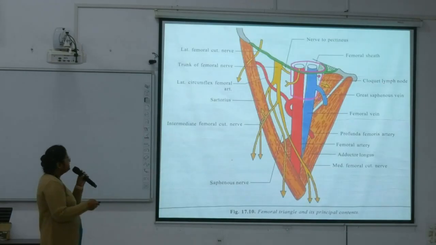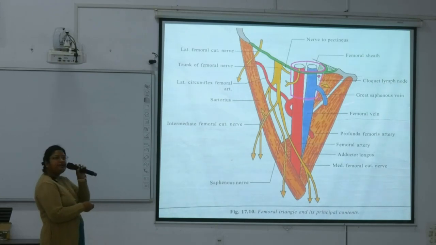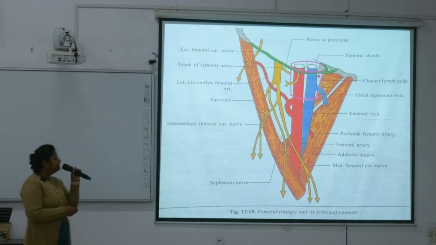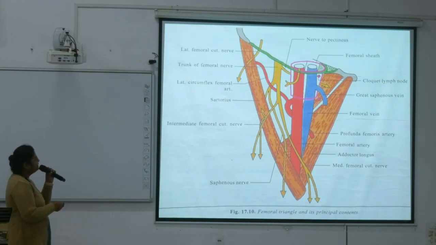Next, see here, this is the profunda femoris artery, the largest branch from the femoral artery, giving the lateral circumflex femoral artery, which passes in between the anterior and posterior divisions of the femoral nerve. See here the branches of the anterior and posterior divisions.